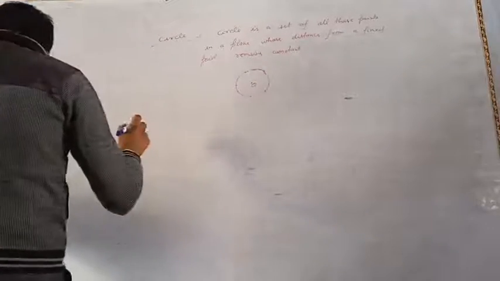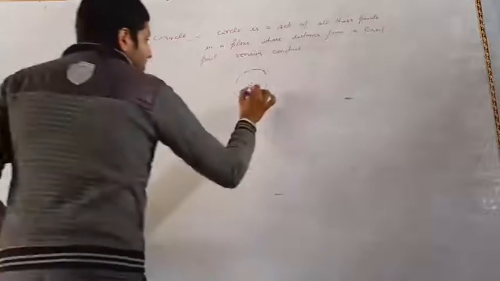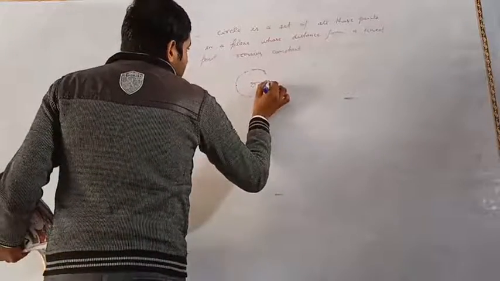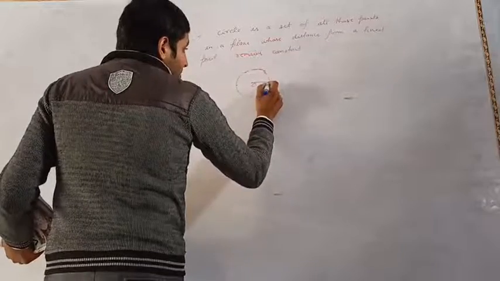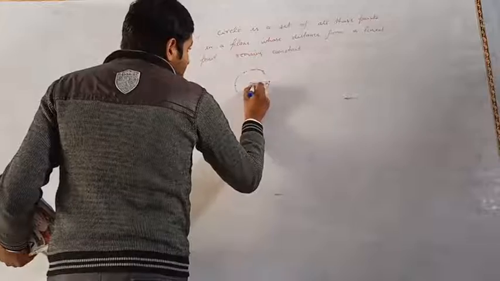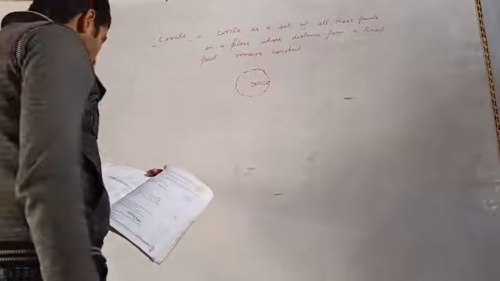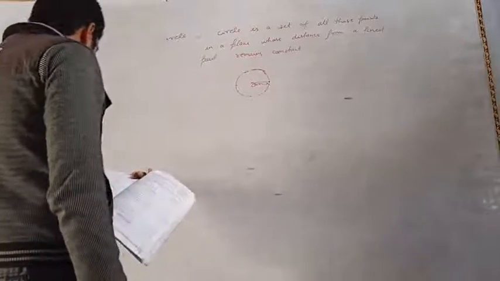Here also the center is O, and this is a radius. The line segment joining the center to any point on the circle is called the radius. In the figure, O is the center of the circle.